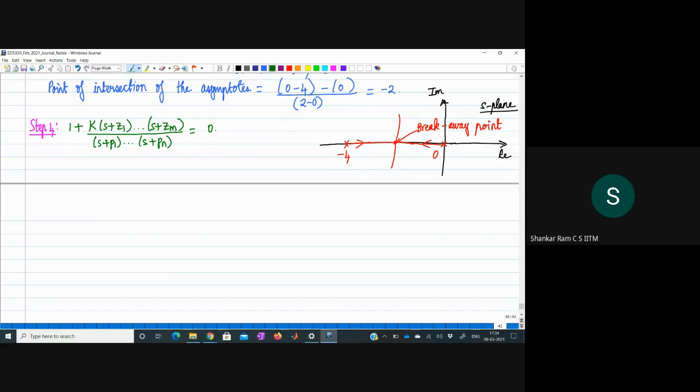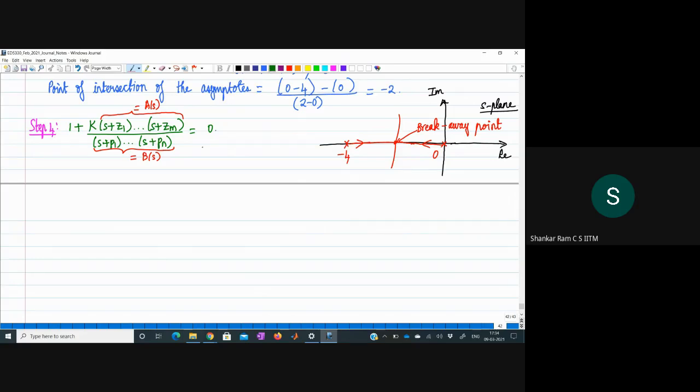This is G(s)H(s). Let's call the factors s plus z1 to s plus zm to be A(s), and s plus p1 through s plus pn as some B(s).